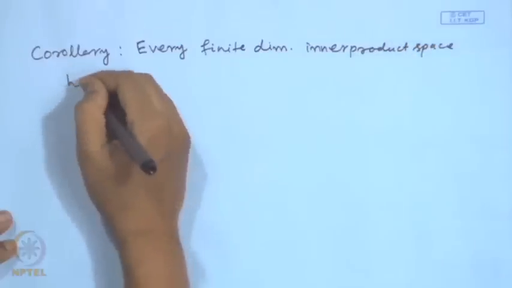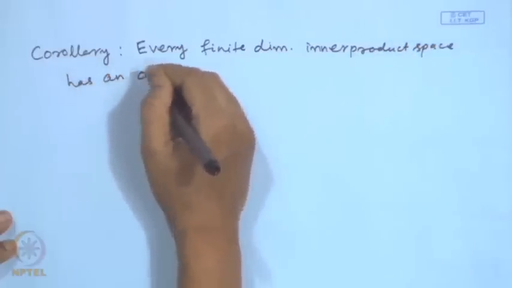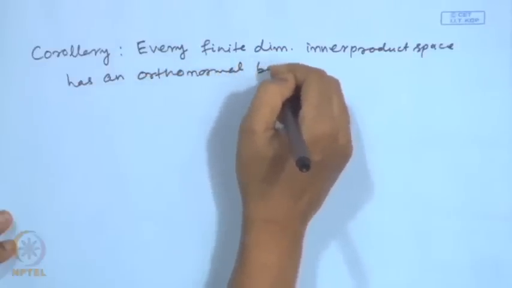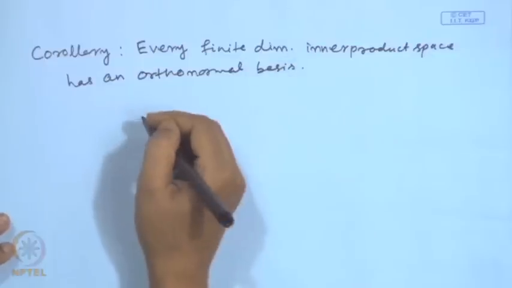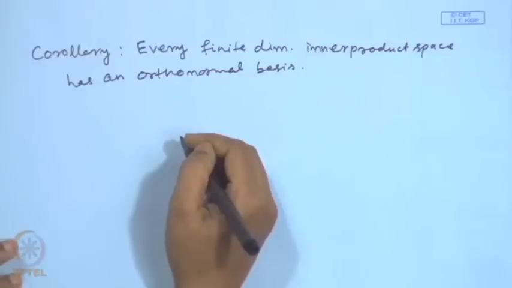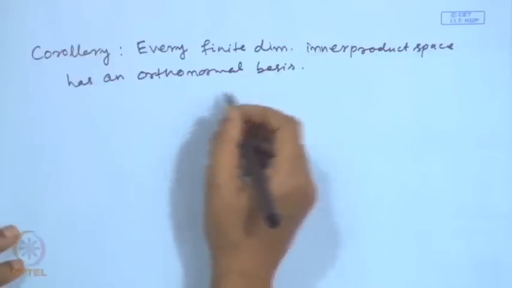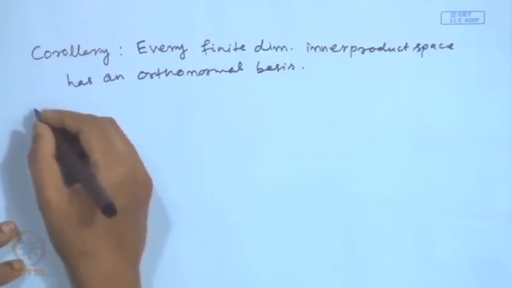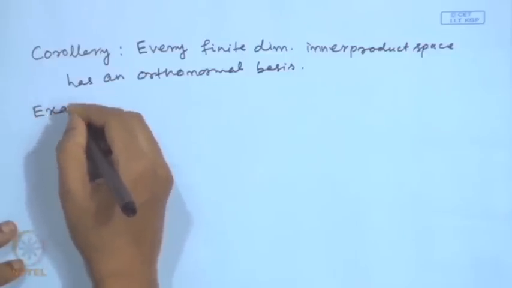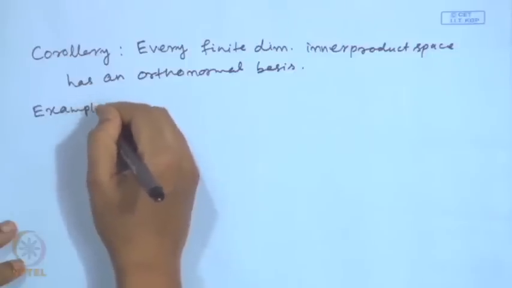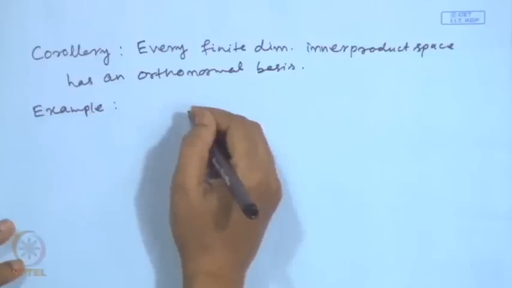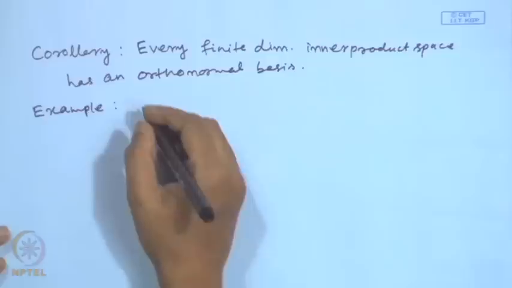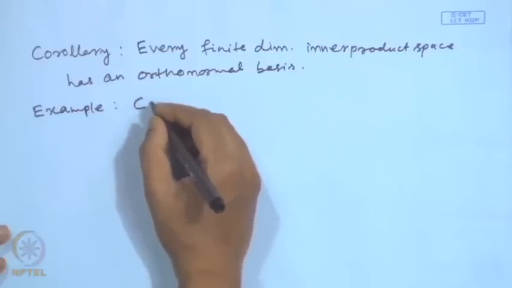We can construct it from the Gram-Schmidt orthogonalization process, and then from this remark we can get orthonormal vectors. So, let us see one example of applying the Gram-Schmidt orthogonalization process, how to construct orthogonal vectors from a given set of linearly independent vectors.